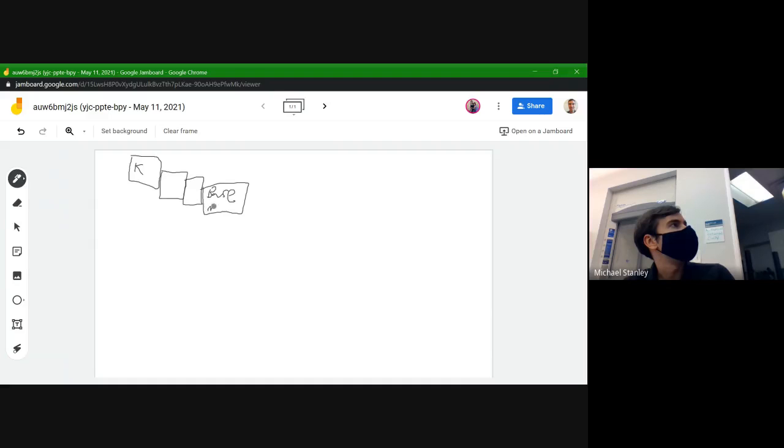So this could be meter or gram or liter. And then we had another one of those in-between ones. And then we've got our centimeter and our millimeter. All right, there we go.